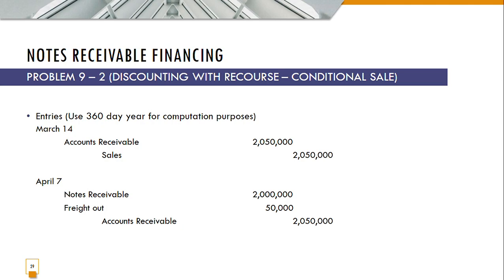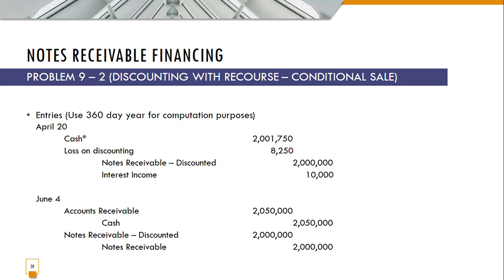So you classify accounts receivable to notes receivable. On April 20, you will receive cash from the bank when you discounted the note. So you have a notes receivable discounted account of 2 million.